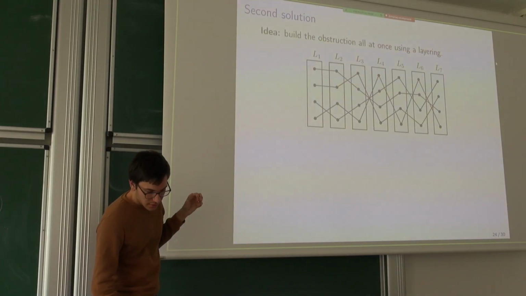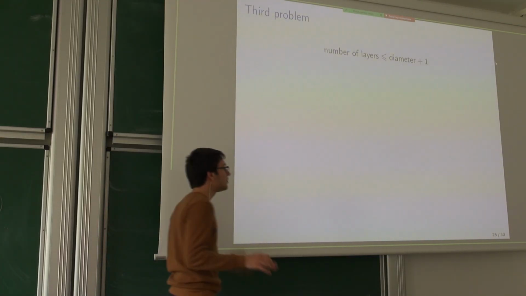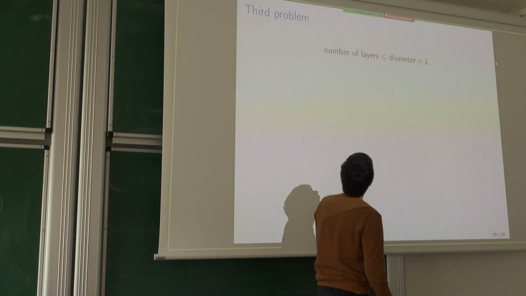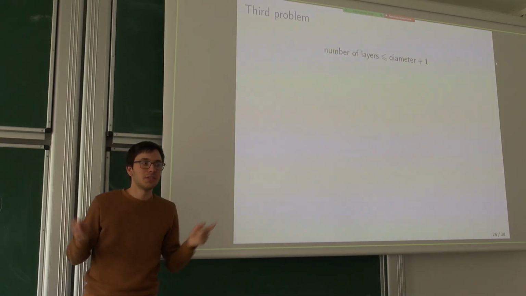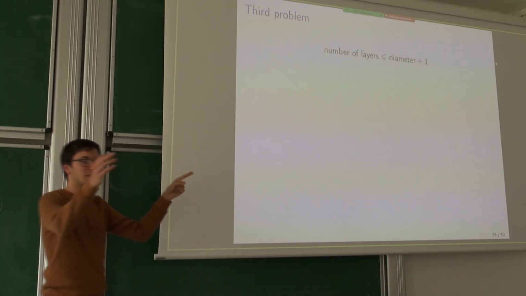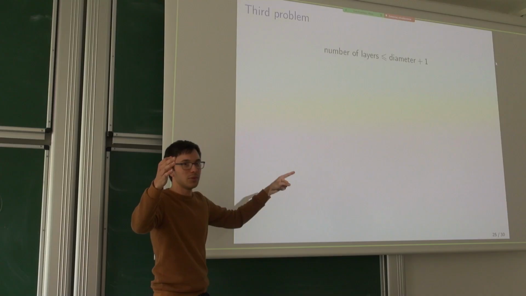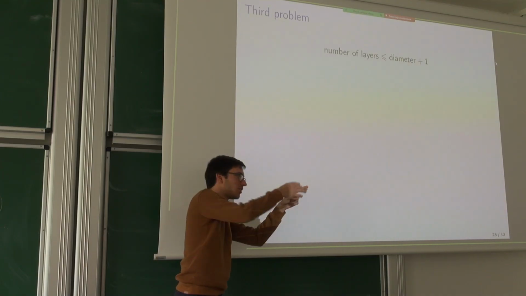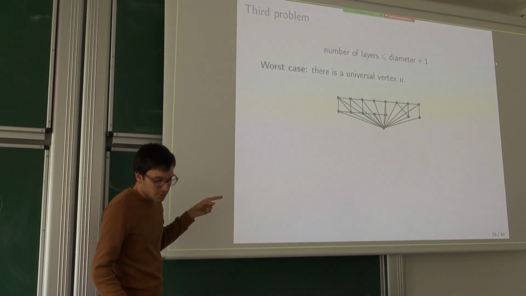But, okay, there is a big problem, which is that a layering maybe doesn't exist, because the number of layers is always at most the diameter plus 1. It's just because when you take a vertex in the first layer and a vertex in the last layer, then their distance is at least the number of layers between, because the path between them must cross all the layers between. And so really the worst case is when you have a universal vertex.